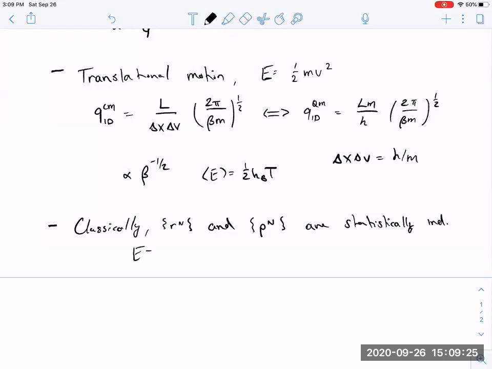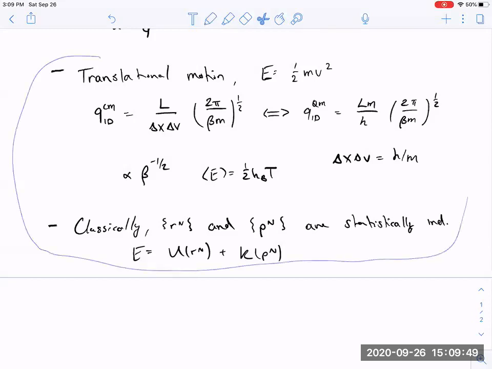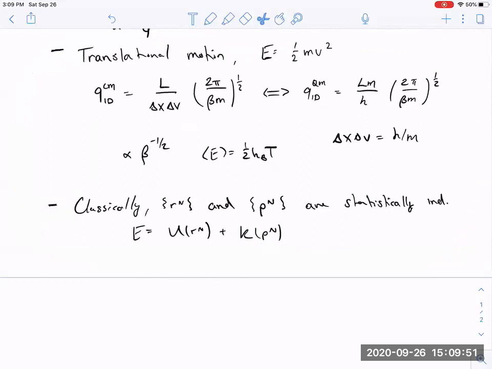That results from the fact that the energy classically is decomposable into a sum of a potential energy piece and a kinetic energy piece. The potential depends on the spatial positions, the kinetic depends only on the momentum degrees of freedom, and that linearity again implies statistical independence or a factorization of the partition function.